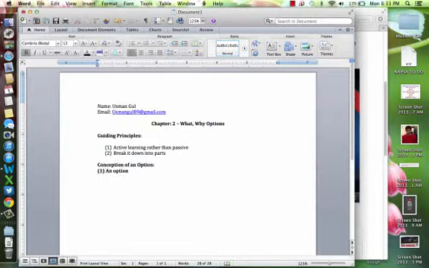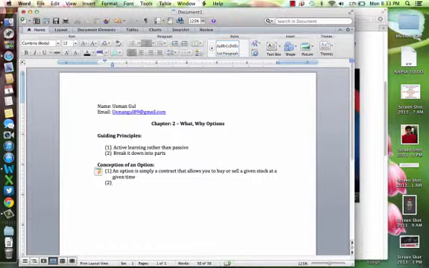An option is simply a contract that allows you to buy or sell a given stock at a given time. That's a good working definition of an option. Okay, good. Now I can move on with the video.